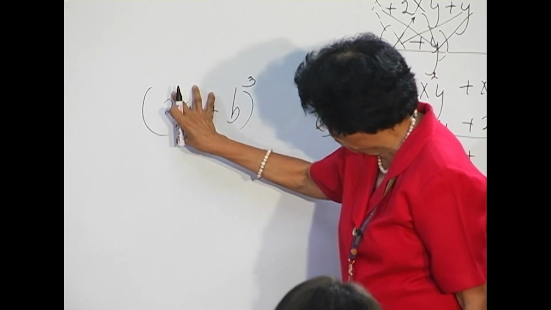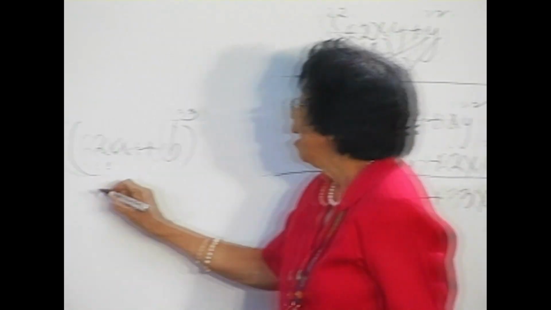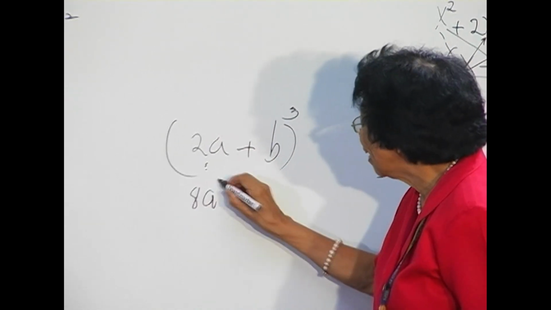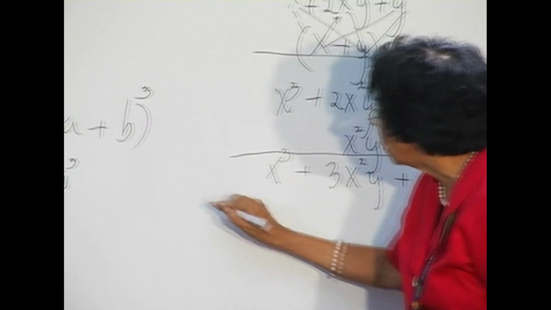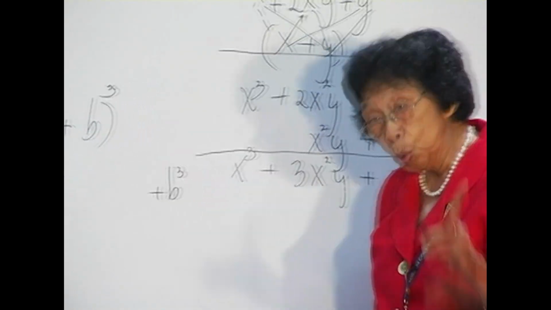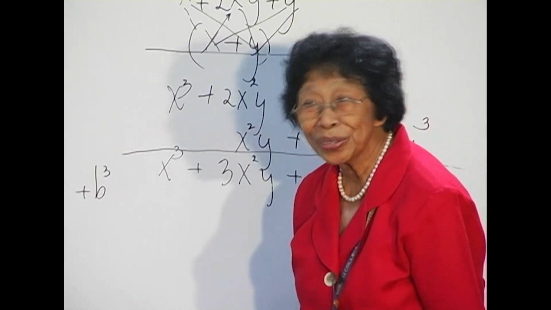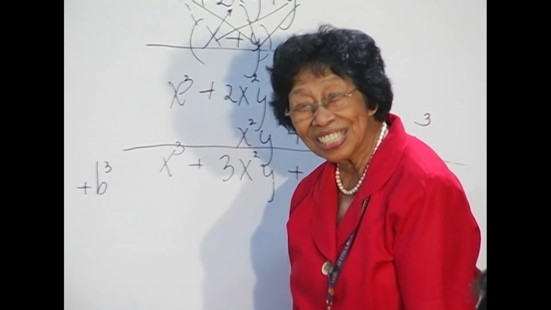What's the cube of the first? This is the cube of the first: 8a cubed. And the last term will be the cube of the second term: b cubed. Now I know 2 of the 4 terms. So there should be no more fear getting the others, right?